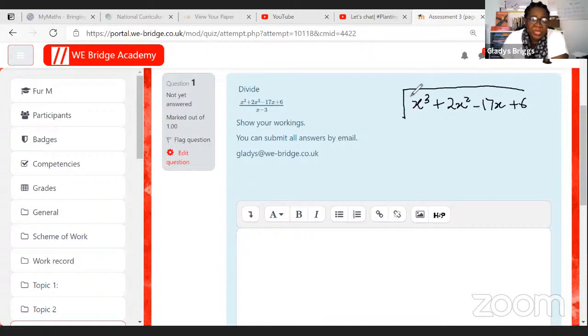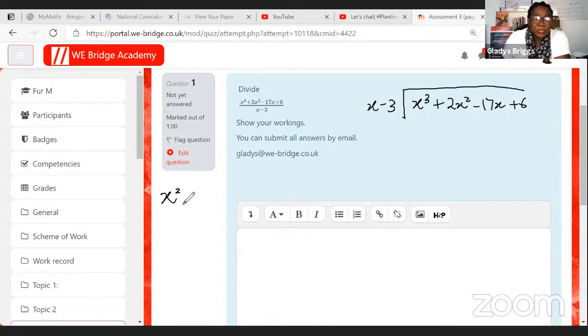We're using the bus stop method, and x minus 3 stays outside. If we finish all the revision, then I can mark anybody's work that I haven't marked. I can spend the rest of the lesson marking.